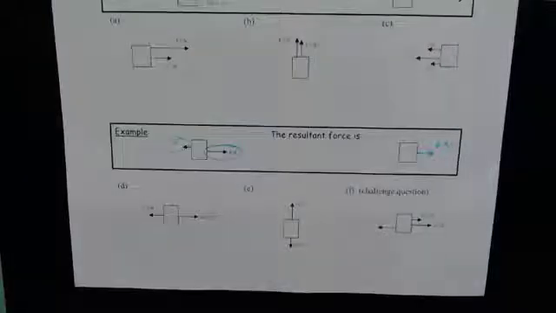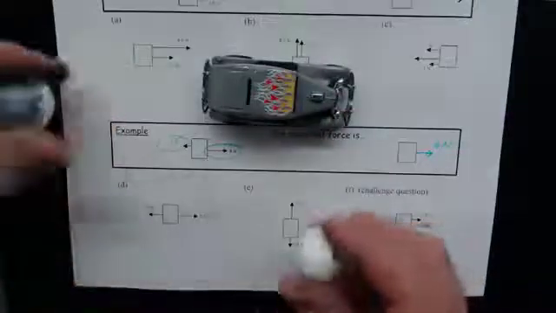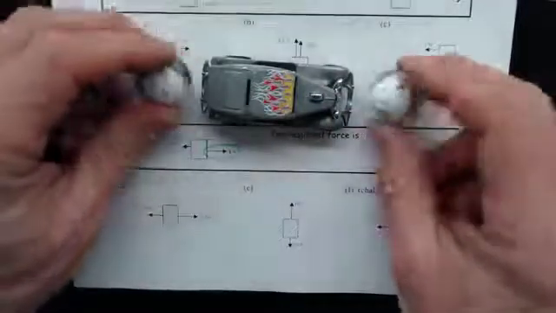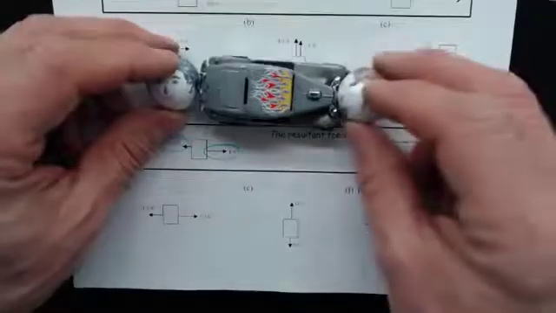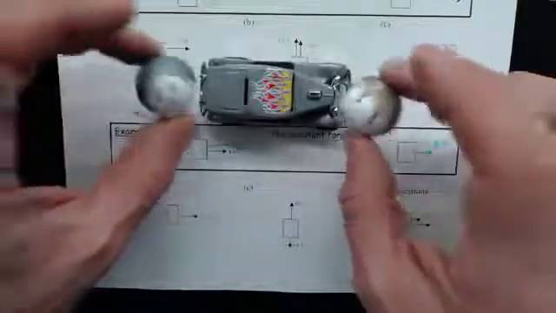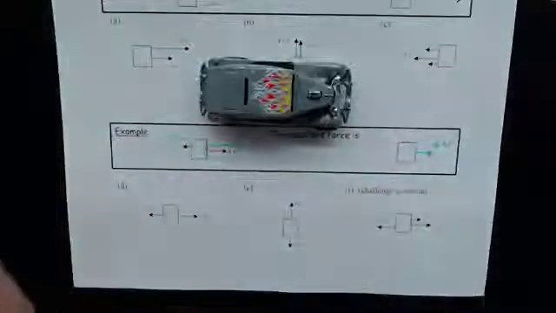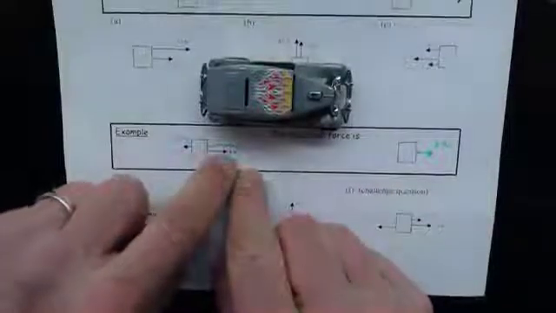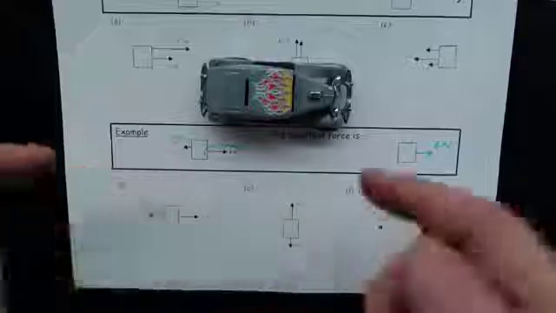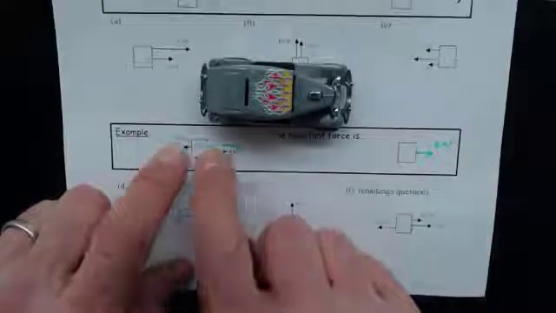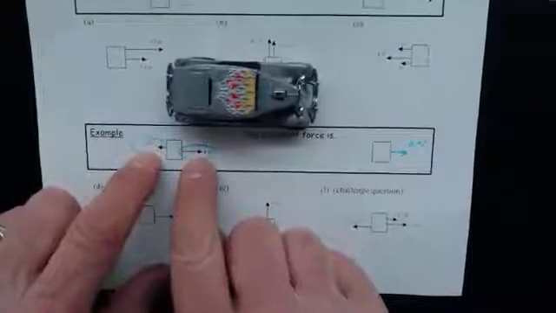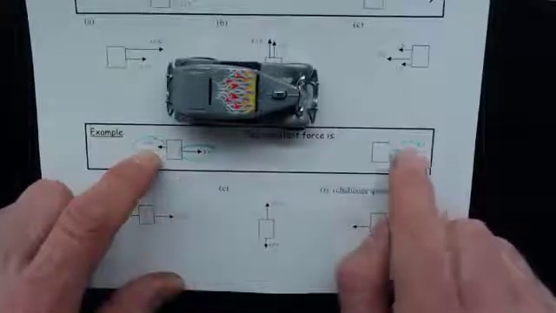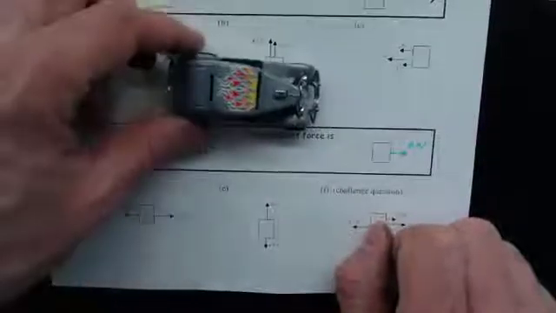It means if I have my car here, okay, and Mindy's pushing with 8, and Smarty Pants here is pushing with 2 this way, I could replace both of these forces with just one person that pushes that way with 6, and the car would move the same way because the 2 is canceling out 2 on this side. So those two forces, 2 people pulling this way, is the exact same thing as one person pulling with that force. Okay?